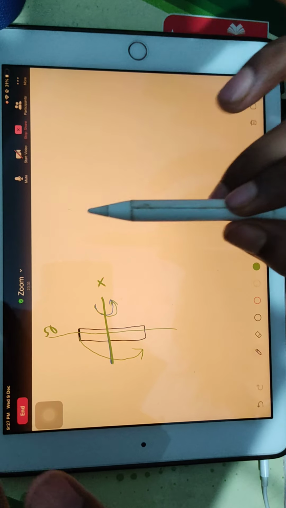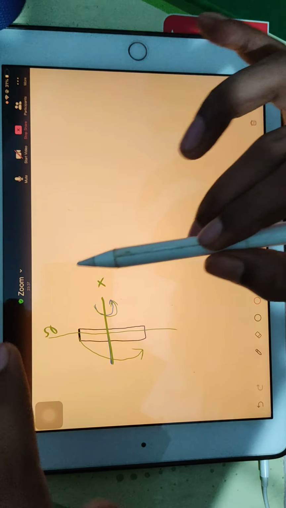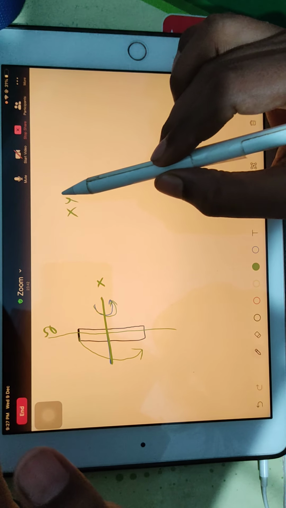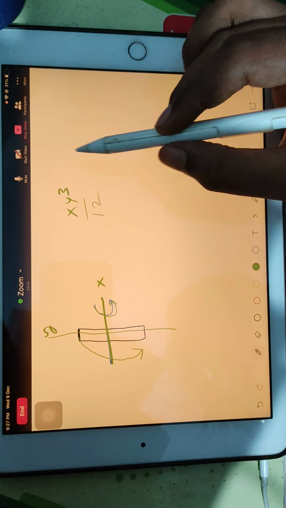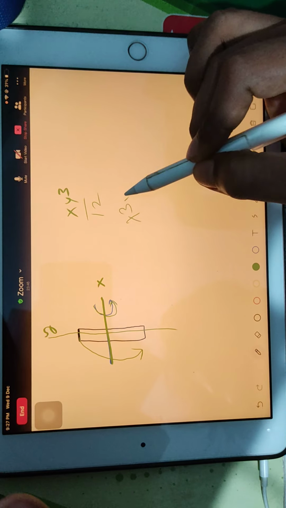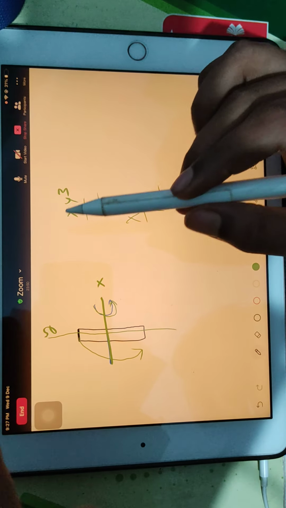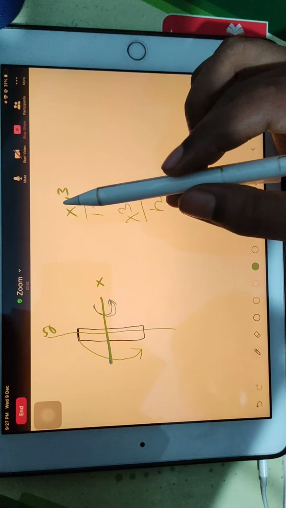Once the rotation is clear, about which axis it is rotating, then you go with this idea that either x y cube by 12 is the right answer or x cube y by 12 is the right answer. Then you check about which axis you are rotating the beam.